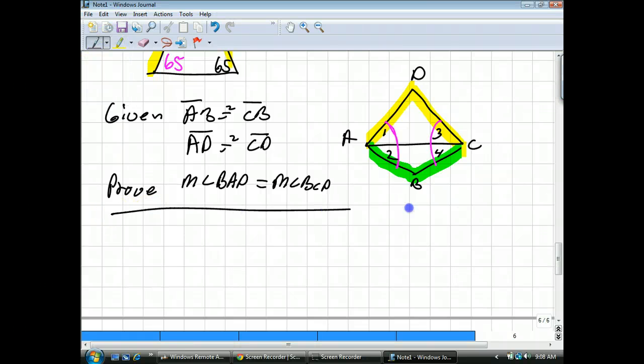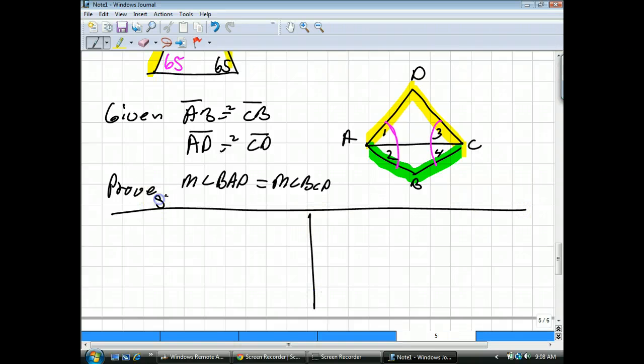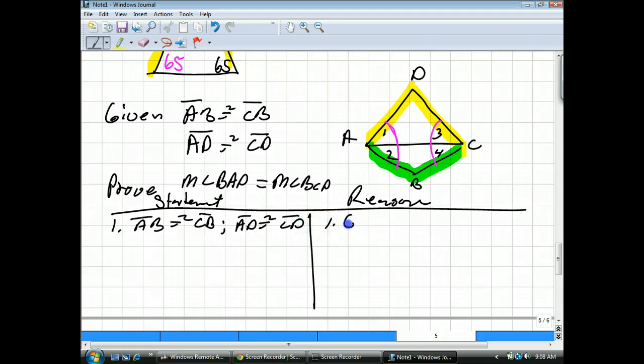Okay, so statements and reasons. Okay, so number 1, segment AB is congruent to segment CB, and segment AD is congruent to segment CD. And we can say that because it's given. Okay?